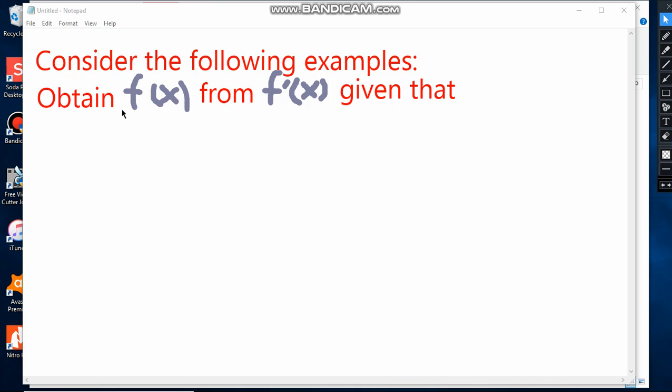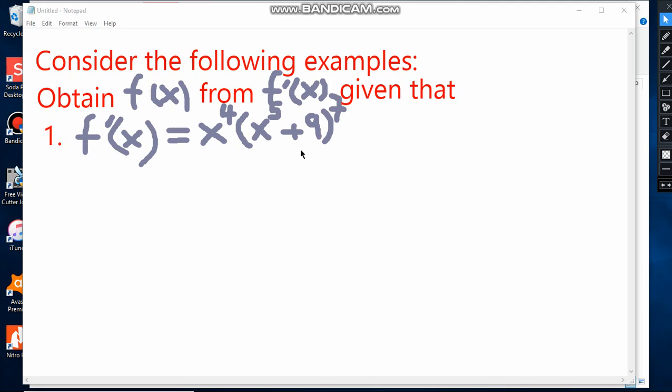For example, we want to obtain f of x from f dash of x, given that f dash of x is equal to x raised to 4 times x raised to 5 plus 9, all to the power 7.